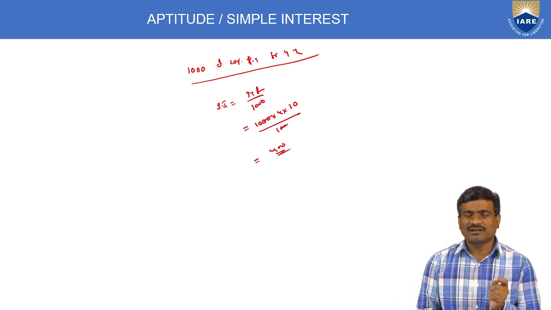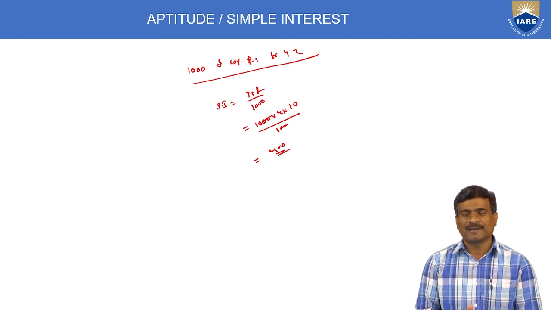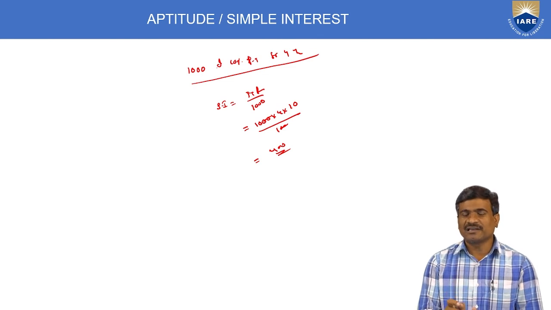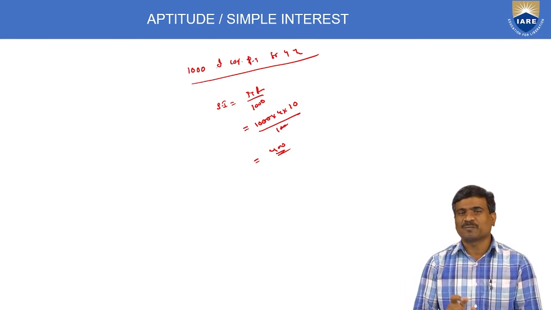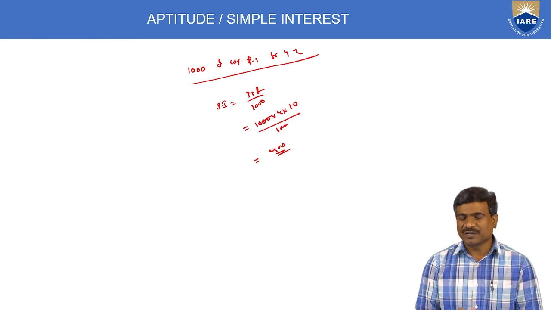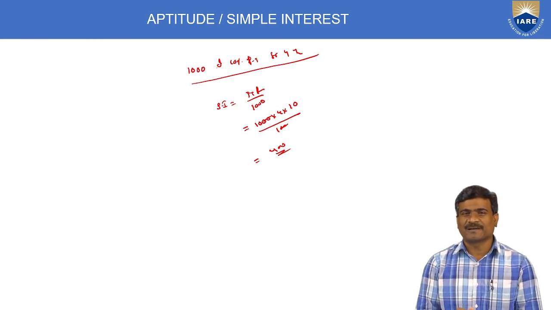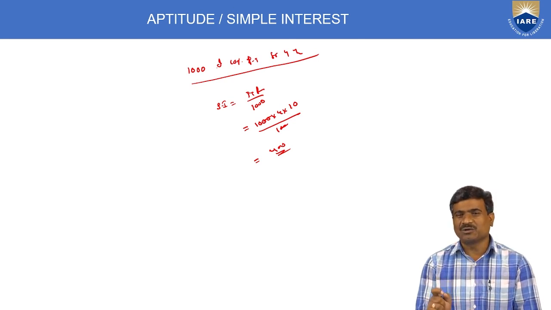When rate of interest is compounded half yearly, the 1 year rate of interest R becomes R by 2. Amount is equal to P into 1 plus R by 2 by 100 whole to the power of 2t.